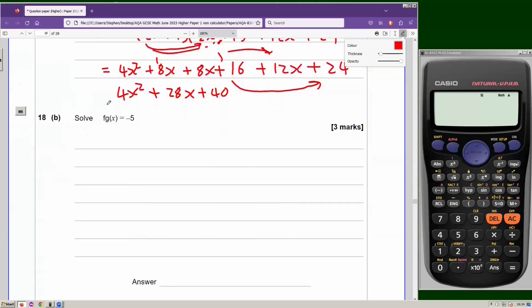So the whole of this equation, right, it's not when x equals minus 5, it's when the whole equation equals minus 5. So 4x squared plus 28x plus 40 equals minus 5. Move the minus 5 over, make it added on, so we go 0 equals 4x squared plus 28x plus 45.